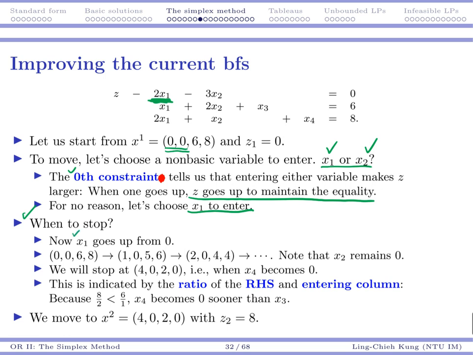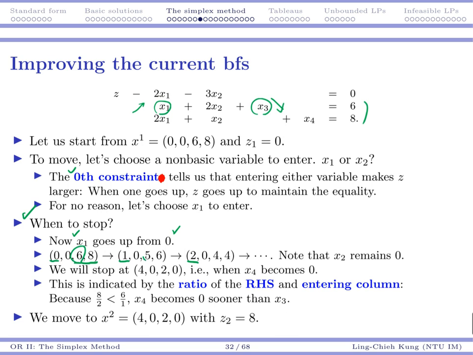So now x1 goes up from 0. If x1 goes to 1, goes to 2, we need to keep an eye on the impact on the basic variables. Basic variables originally are 6 and 8. Once you increase x1 by 1, from the two equations you may see that x3 must decrease by 1.